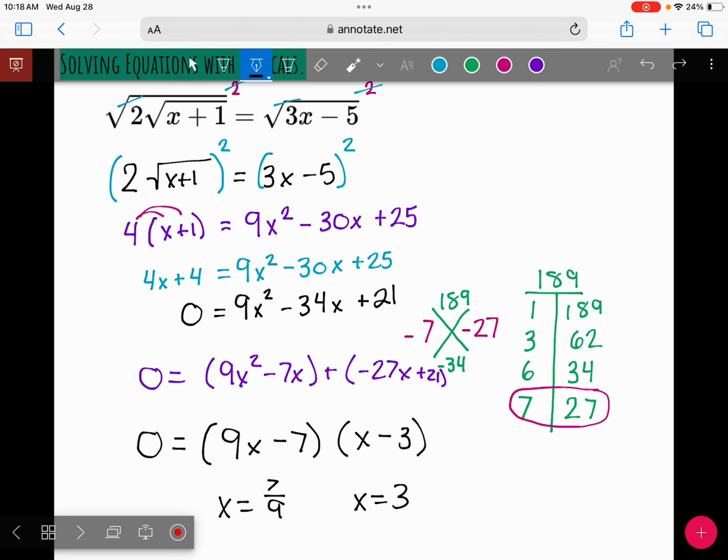We're not done yet though, because what do we need to do? Check and see if we get a real equals an imaginary, because that gives us a problem. I think 7/9 would be negative because it's lower. If I substitute 7/9 in on this side, we're going to get a negative under the radical. If I substitute 7/9 into this piece, are we going to have a negative or a positive?